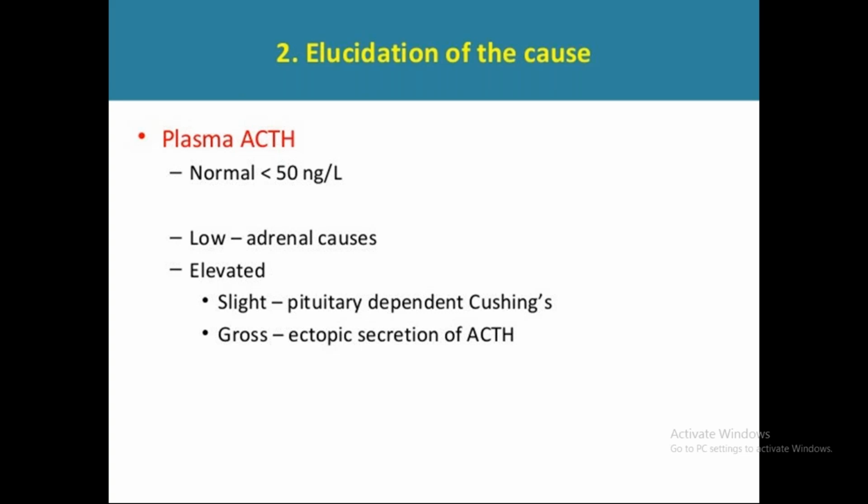In primary adrenal lesions, suppression of the adrenocorticotropic hormone takes place. So by estimating ACTH, a slight elevation indicates pituitary dependent Cushing syndrome, and a gross elevation indicates ectopic secretion of the adrenocorticotropic hormone.